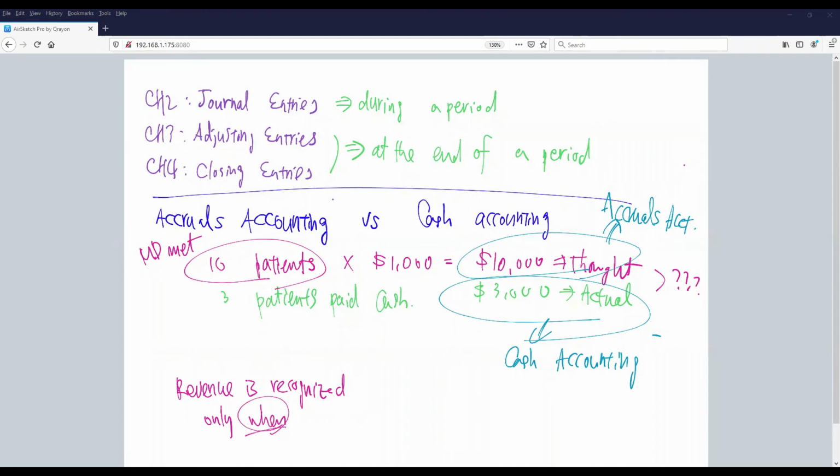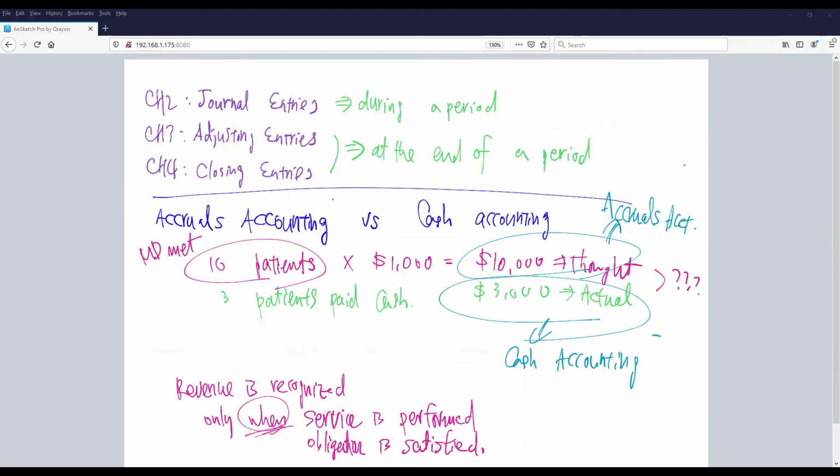Important thing is when, right? You perform a service, your obligation is satisfied. To say simply, okay?